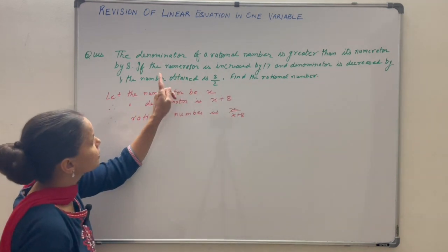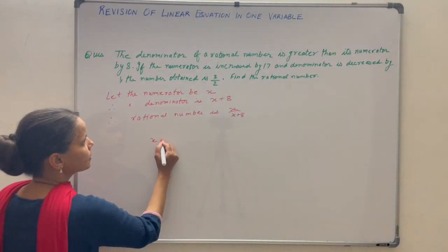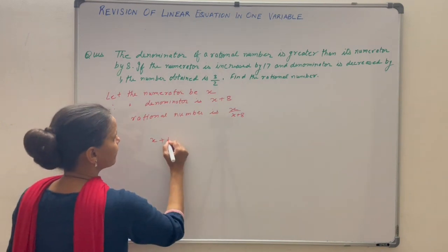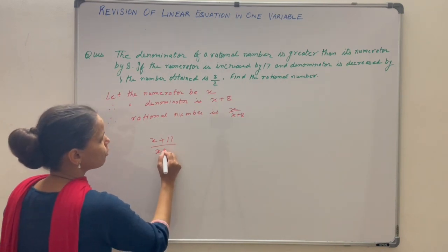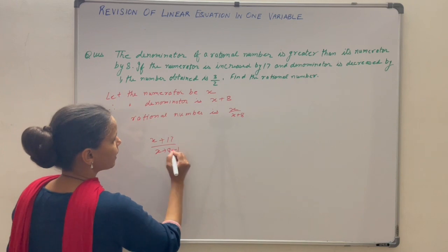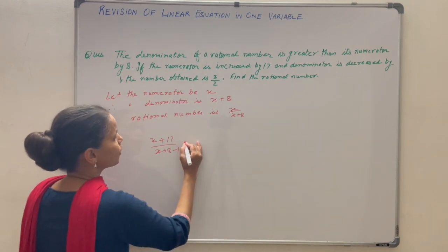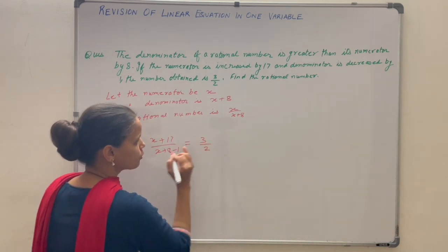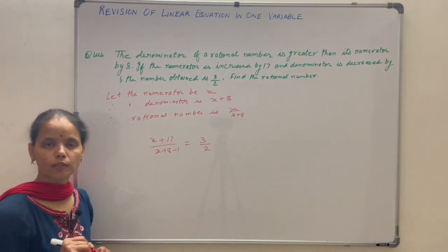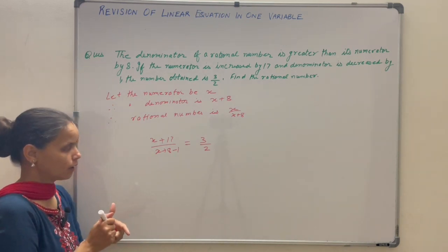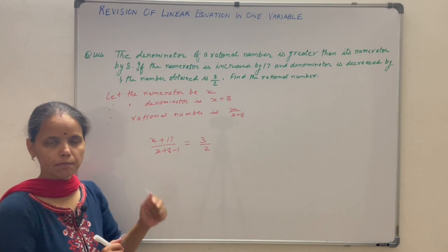Now it says the numerator is increased by 17 and the denominator is decreased by 1. Then what do you obtain? 3 by 2. So now you have got the equation you need to solve. You can cross multiply it.